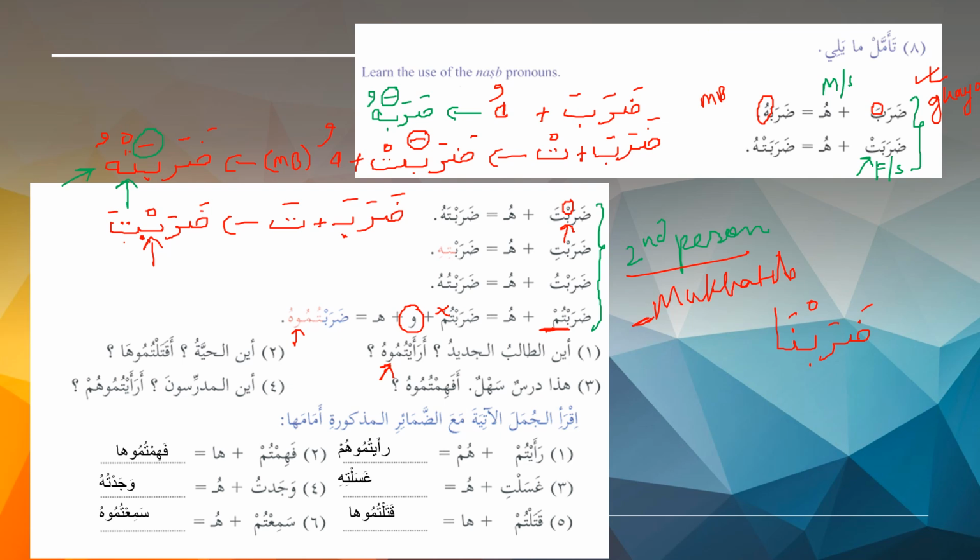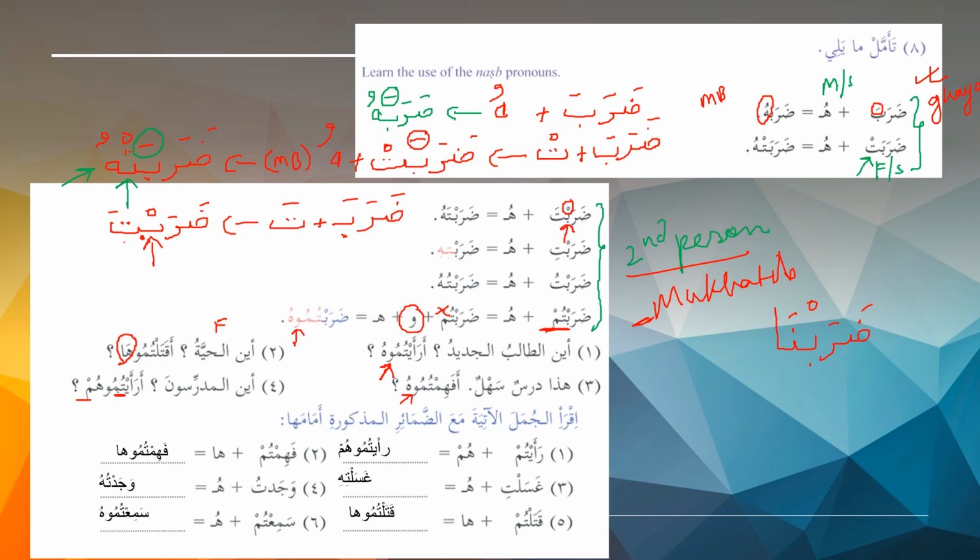Hayya is a feminine noun, so it should have a feminine damir. قتلتموها. هذا درس سهل أفهمتموه. So you can see the usage of waw here. And أين المدرسون؟ أرأيتموهم. Now here you can see أرأيتم means mukhatib male plural, and asking about the object from the ghayab. أرأيتموهم.